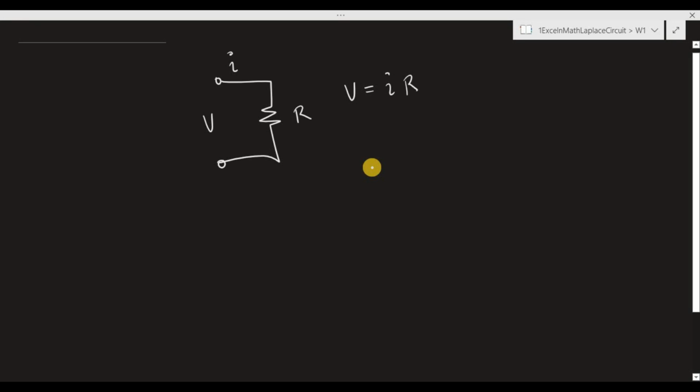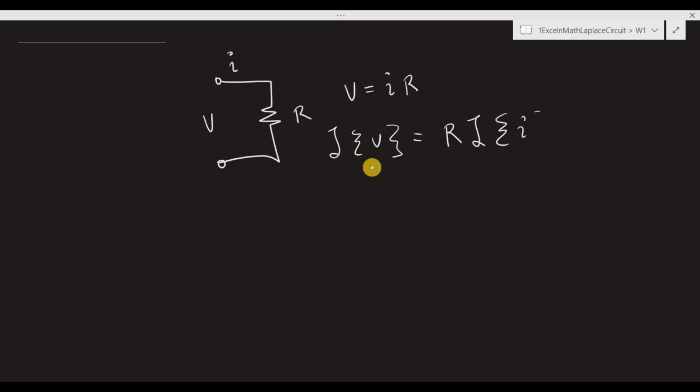Now if we take the Laplace transform of both sides, we have the Laplace transform of the voltage is equal to, now this resistance is just a constant term, so we can just put it at the front. So we have R times the Laplace transform of the current, and therefore we have V of S equals R I of S. This is now the relationship between the voltage, current, and resistance in the S domain.